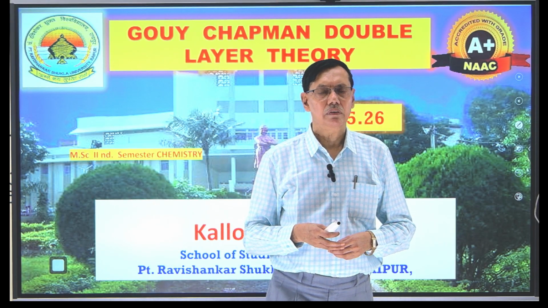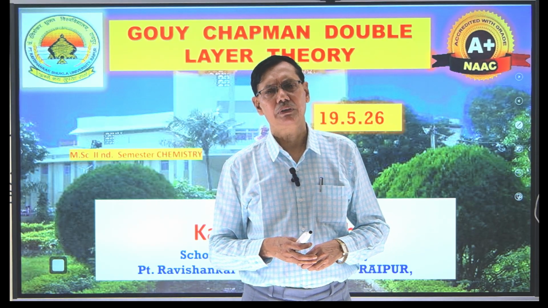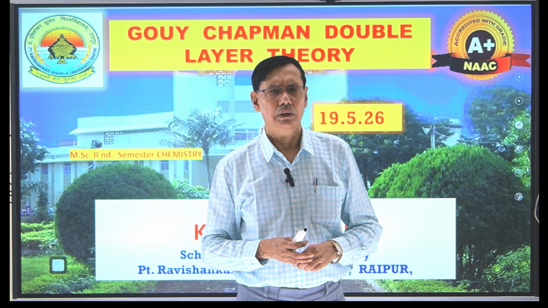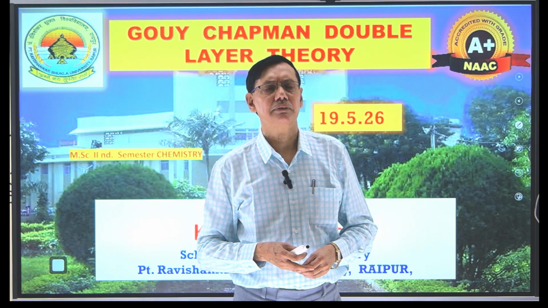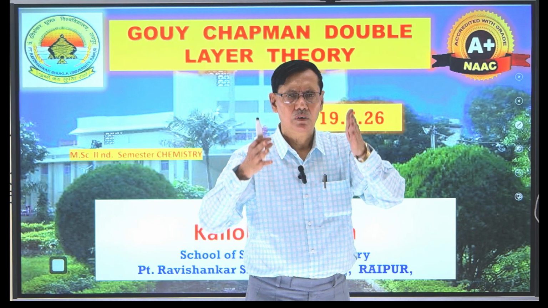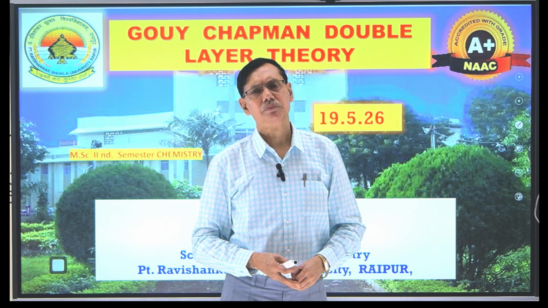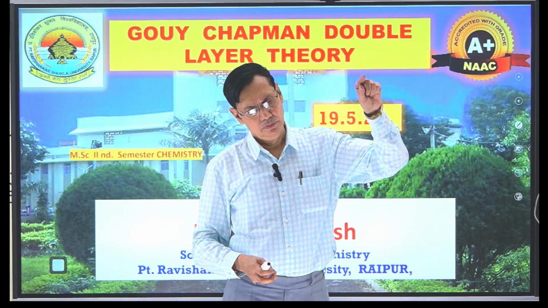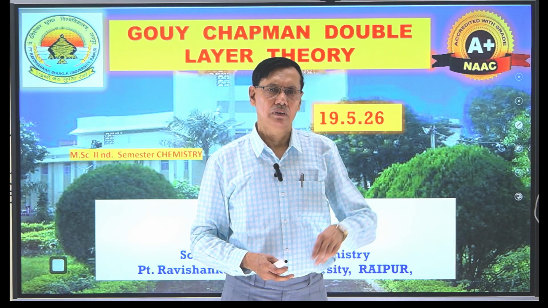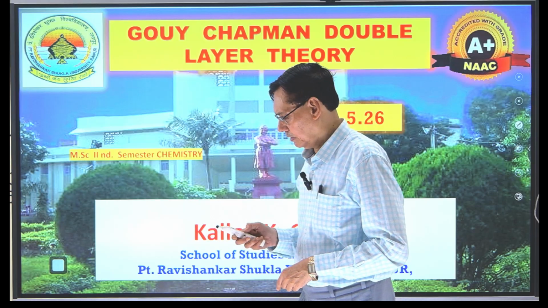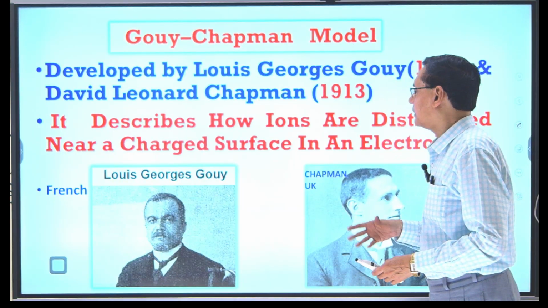In the Helmholtz model, we have seen that there is no change in this capacitance, and it is just like a simple condenser model, and that potential gradient decreases sharply.